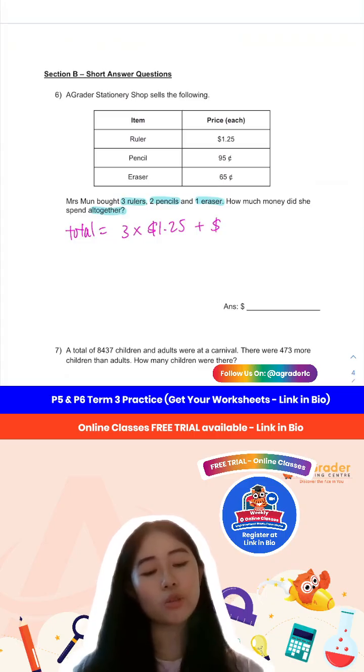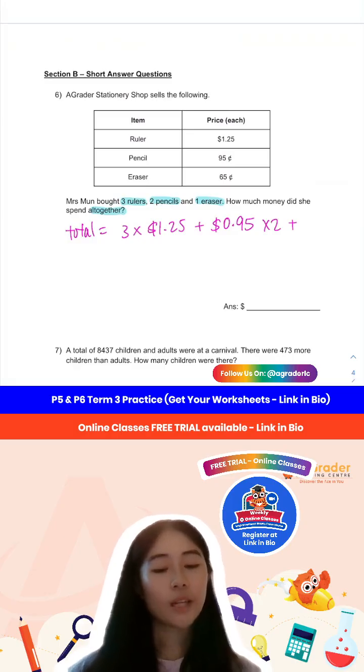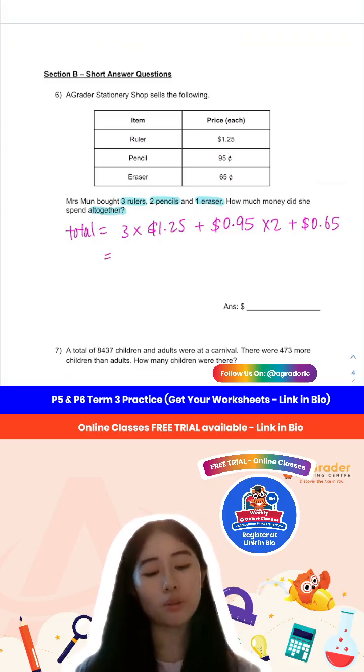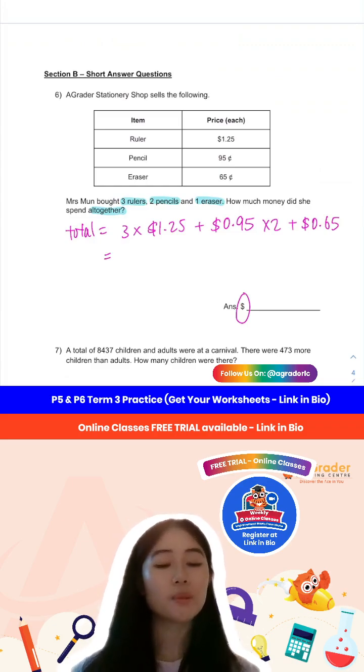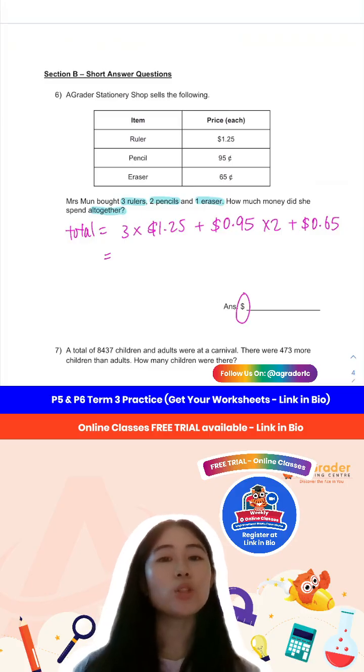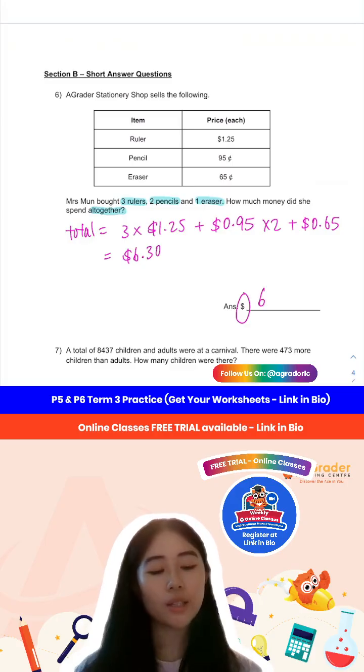From cents, you change it to dollars, so 0.95, and then times 2 because there are 2 of them. Finally, just 1 eraser, also changed to dollars. Write everything in terms of dollars, because the final answer is wanted in dollars. Just do your calculation carefully and you should get the final answer, $6.30.